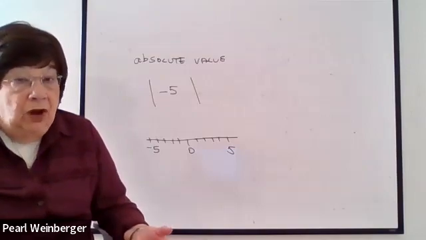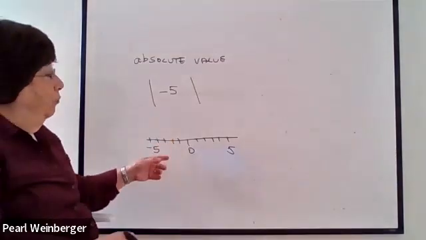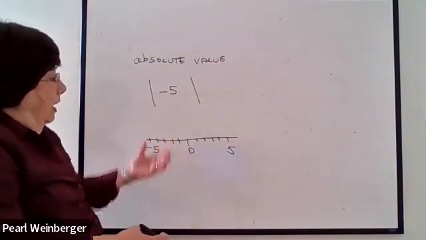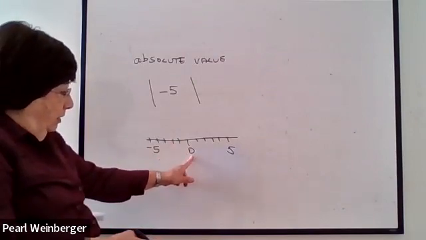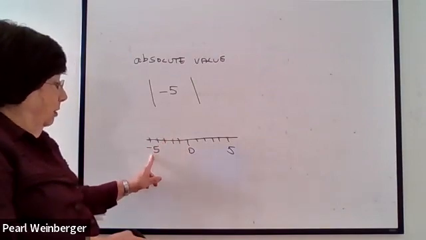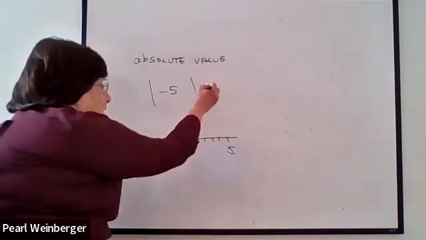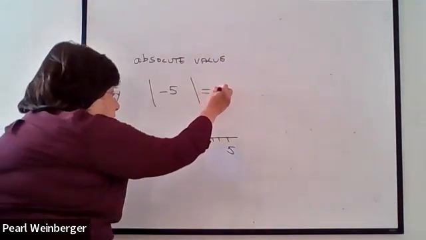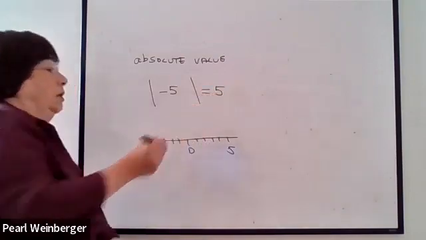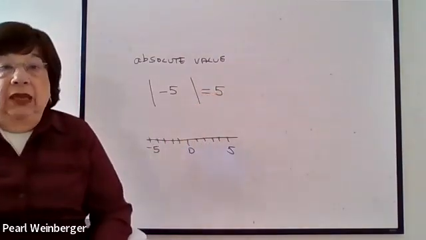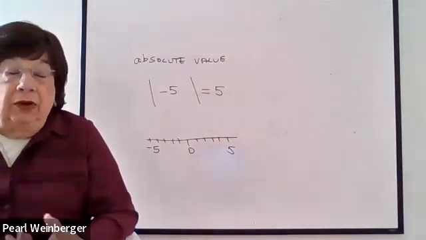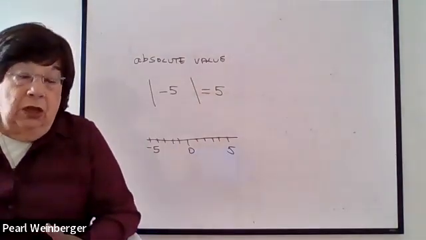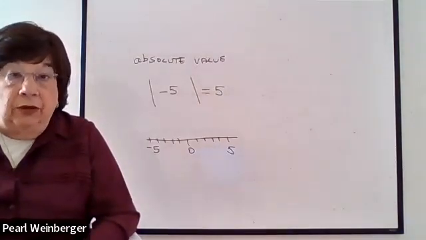If I were going to start here, how many steps would I have to take to get here? And obviously the answer is 5. So that's the point of an absolute value. It's to indicate the value of the number without indicating its direction, just the actual value.